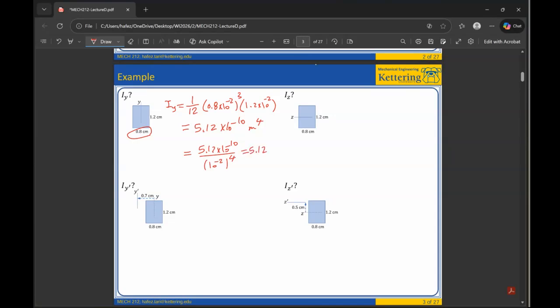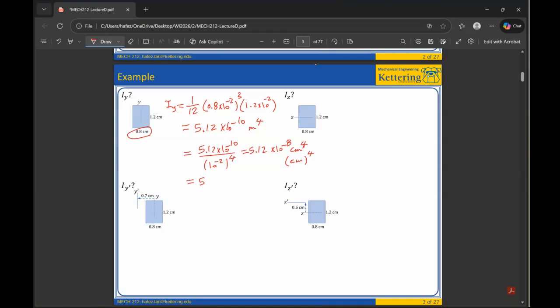So it's really 5.12 times 10 to negative 2... no, 5.12 times 10 to negative 8 centimeter to the fourth. When in engineering you see centimeter to the fourth like this, that basically means all of it is centimeter to the fourth. So that was just one catch I want you to be aware of, not to put anybody on the spot.